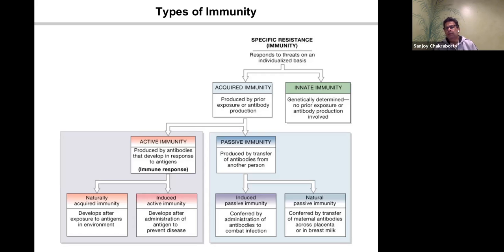So that's natural passive. Induced passive means when you are sick, if you have health issues, you are admitted in the hospital, and a healthcare professional gives you antibody directly. They're injecting the antibody directly. Those antibodies are either manufactured or they got them from another human being.